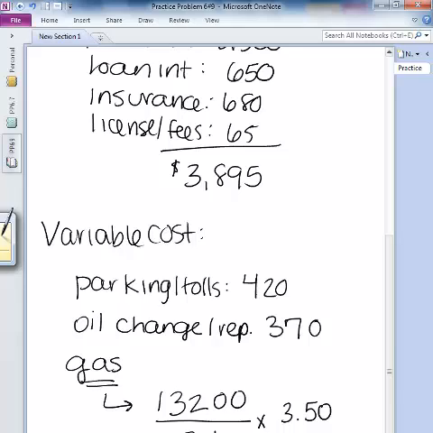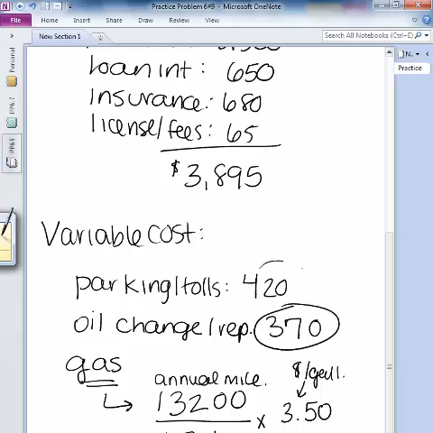Again, to get this number, I take my annual mileage, divide by my miles per gallon, and multiply by the price per gallon. That will give me the amount that I have to spend per year. Adding the 1,925 to 370 and 420 gives me 2,715. So that 2,715 is what goes up here.